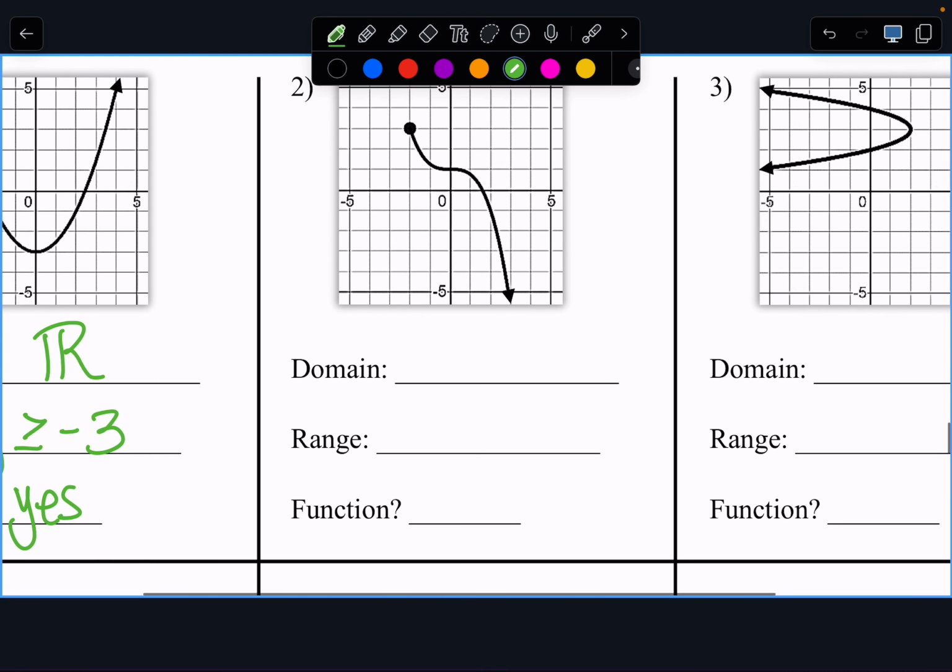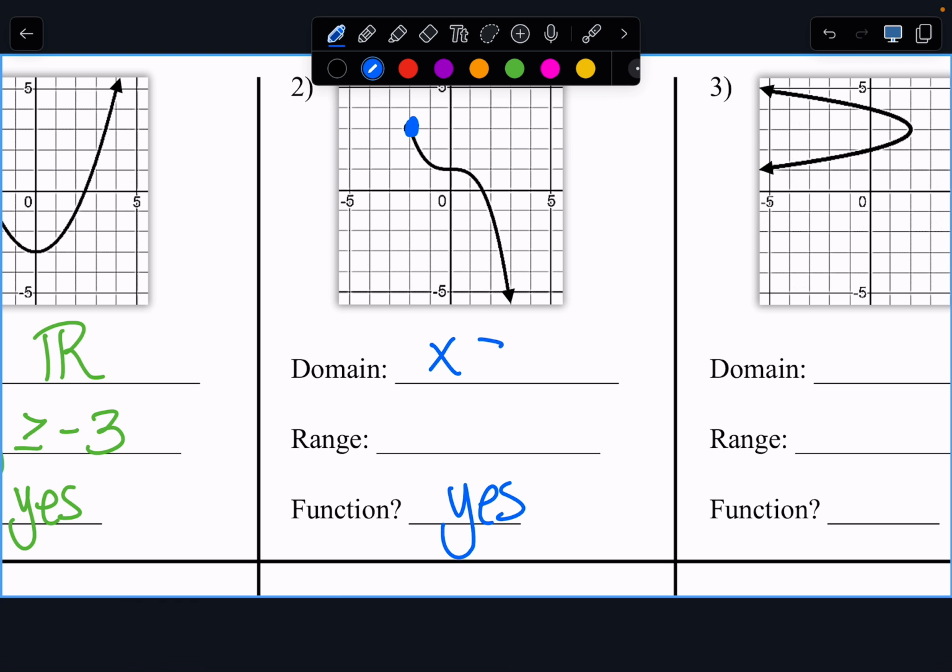All right. Is number 2 a function? The domain. I always like to look and see if it starts anywhere. Do we have a starting point? It starts right here at x equals -2. And then is our graph bigger or smaller? Bigger. If we go from left to right, it's to the right of -2.